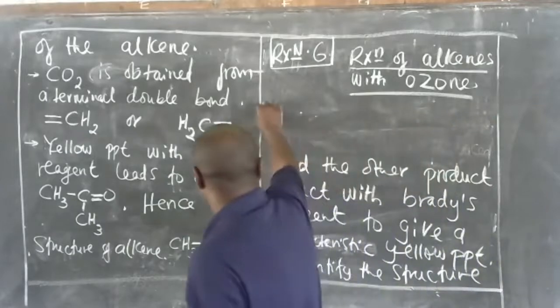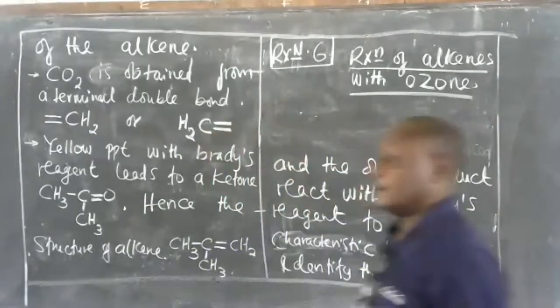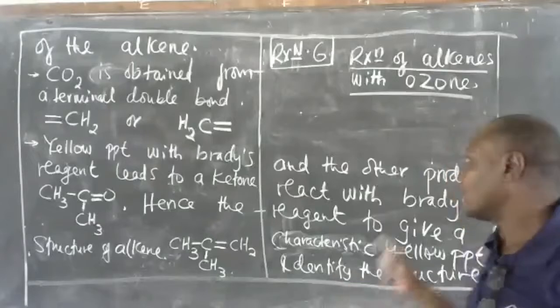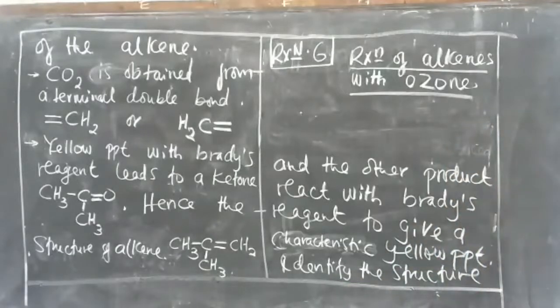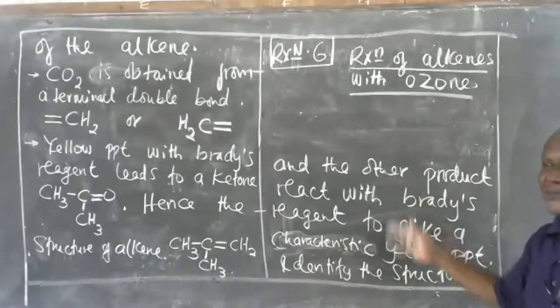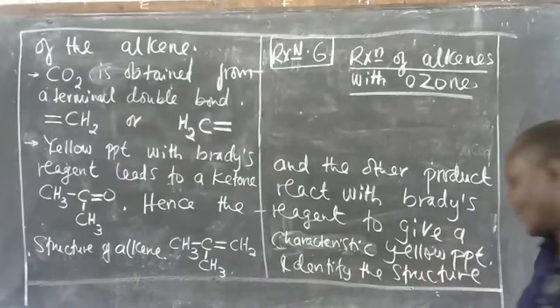Then we can hydrolyze the ozonide in the presence of zinc and then ethanoic acid to give us the final product of the reaction. So the reaction is referred to as ozonolysis, the actual reaction. Are we through here? Yes, teacher.